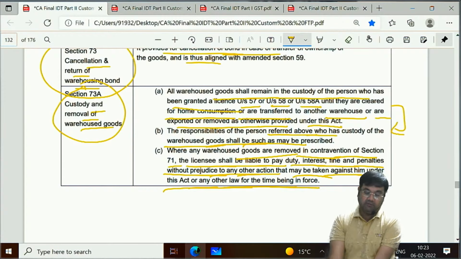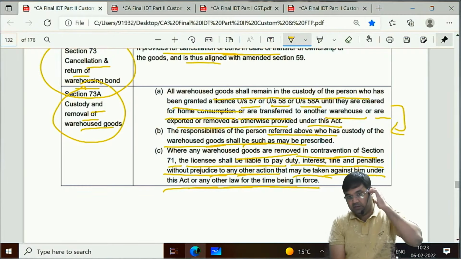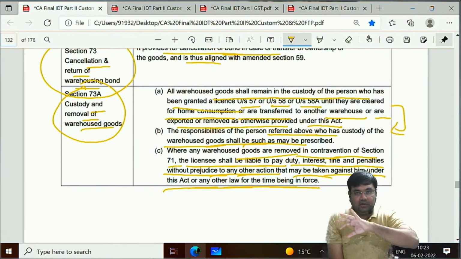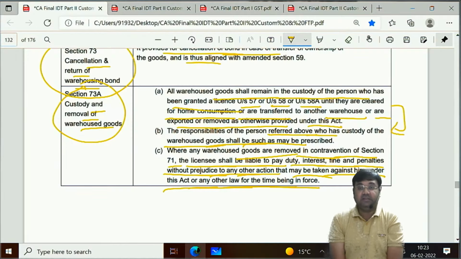So basically section 73A is about custody I have granted to the licensee, not to the importer, correct? So the licensee is in charge of those goods, and without the officer's order he cannot remove those goods from the warehouse. So this is the licensee's obligation. It is his responsibility.